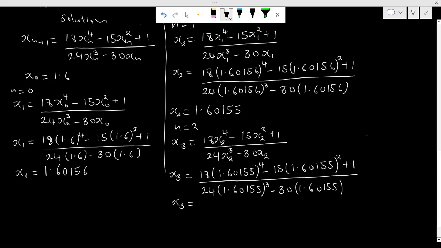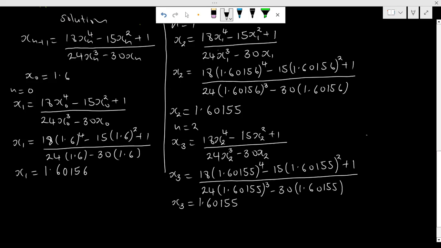We put in the value, and we shall get 1.60155.